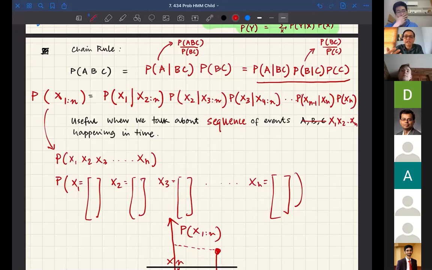We are going to treat where am I at time 1 as a random variable x1, at time 2 as a random variable x2, at time 3 as a random variable x3. And therefore, a trajectory will be x1 equals 1, x2 equals 2, x3 equals 5, x4 equals 7, and so forth. Different walking trajectories will essentially be different paths in this probability space. And that's how we will start reasoning about it.